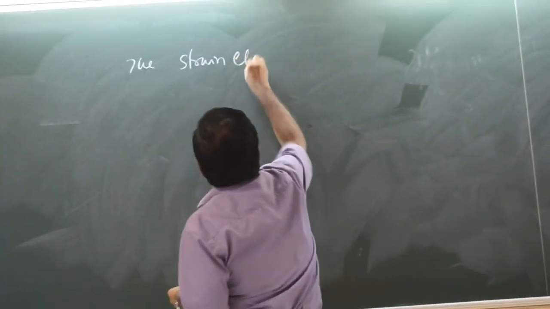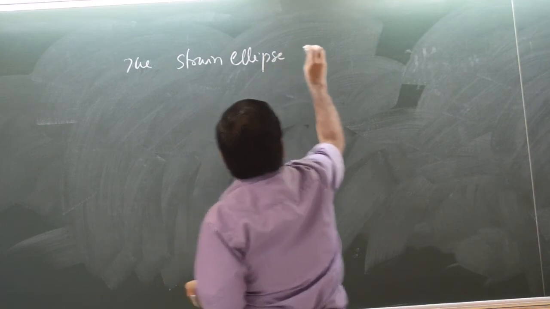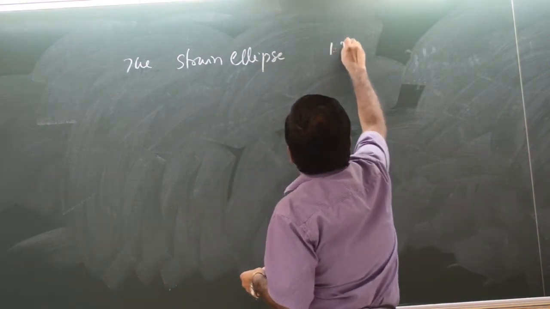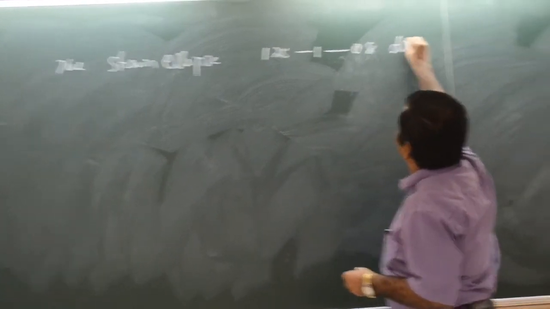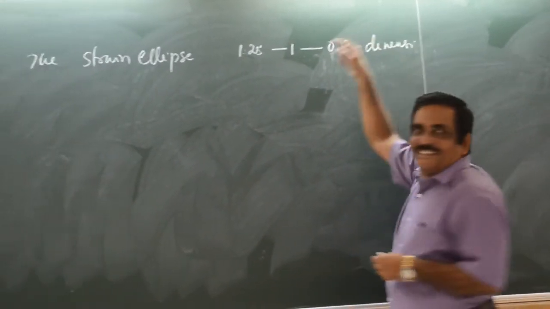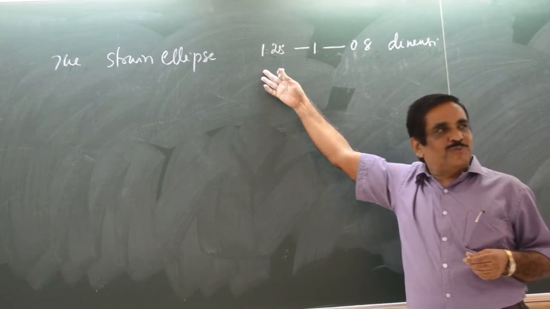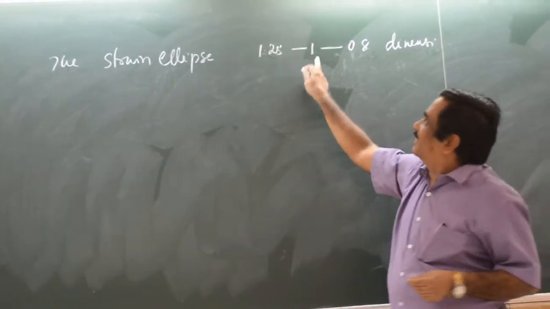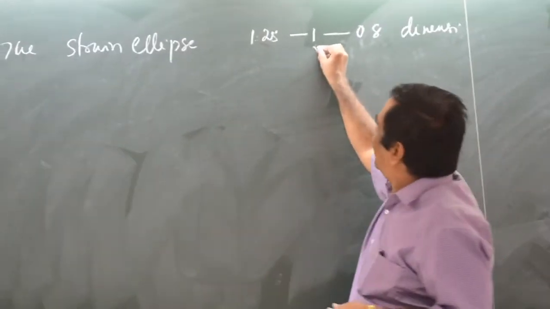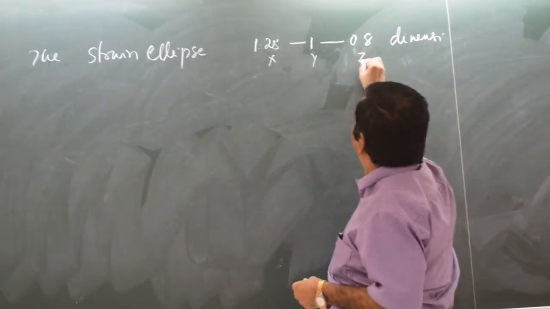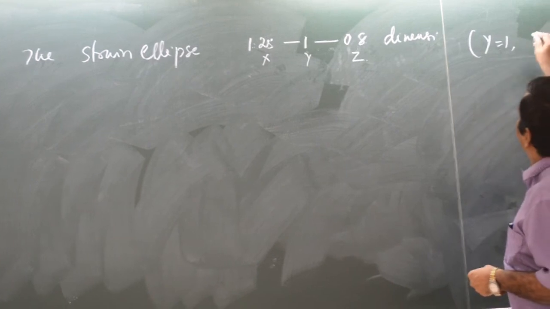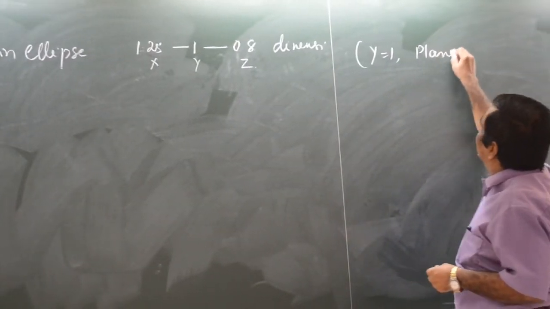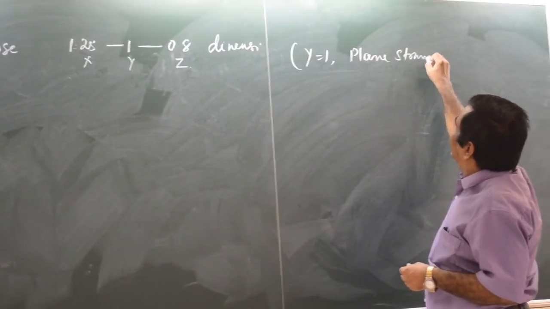is this dimension. You understood this value name, na? It could be 1.25, it could be 2.5, but this we can say y is x, this is z. So where y is equal to 1, that is called a plane strain situation. Plane strain.